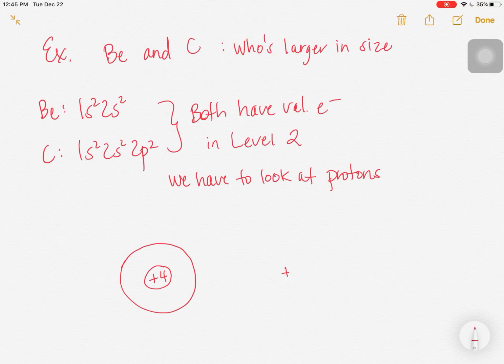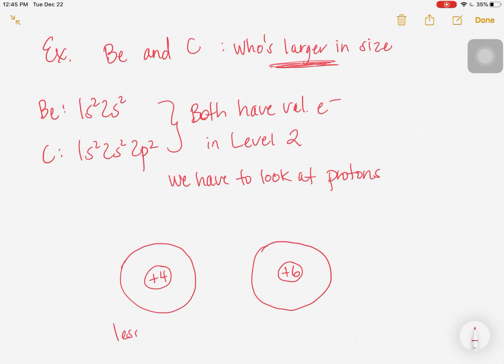And carbon has 6 protons, so it's not a whole lot more, both in level 2, right? So initially we think, oh, they might be the same size, but what was my question? Who's larger? So larger means less pull, okay? Because think about it, if you're pulling not as hard, then the electrons aren't going to come as close.